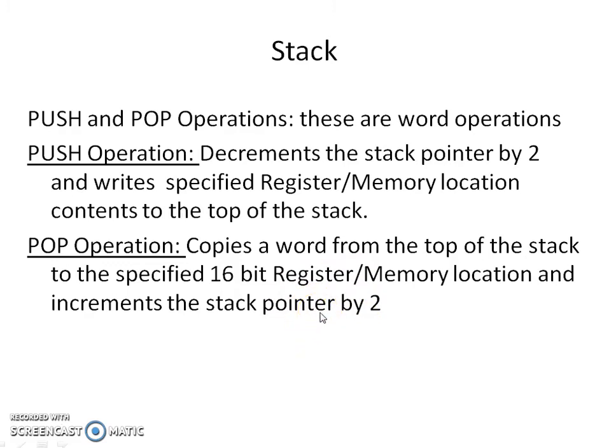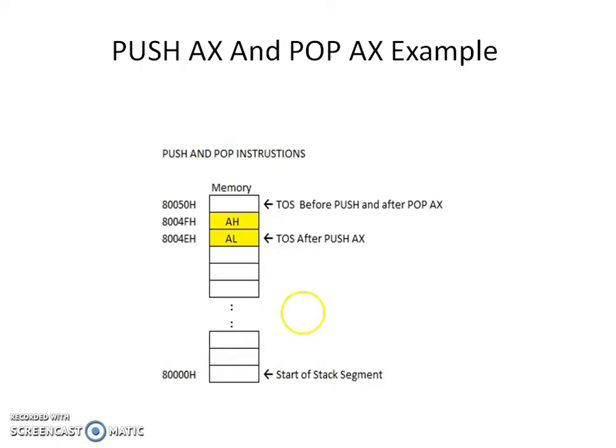Coming to the stack segment when push and pop operations are performed, I am going to use one example, PUSH AX, where you push the AX register into the stack and then pop the AX register contents back into the AX register.